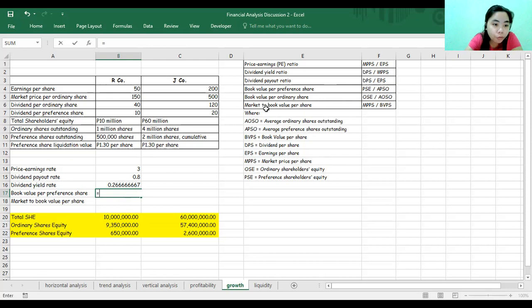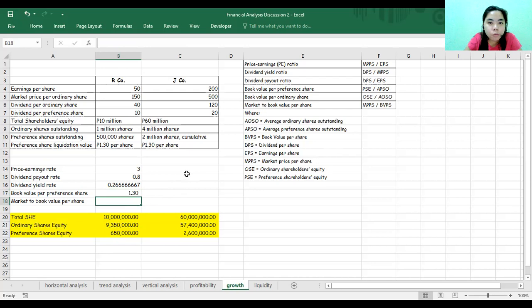Am I right? Book value per preference share, it's your preference share equity divided by the number of preference shares outstanding. Book value is what is recorded in your financial statement. So it's preference share equity divided by the number of preference shares outstanding, 500,000. So we have 1.3. So the book value of our preference share is 1.30 pesos, 1 peso and 30 cents.